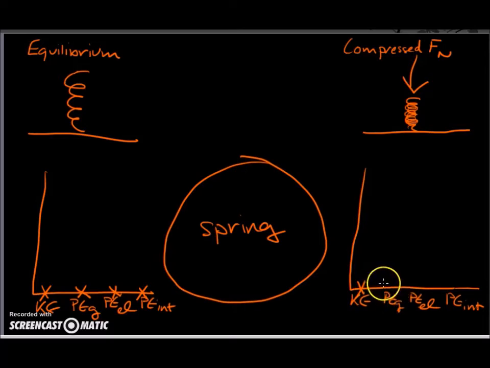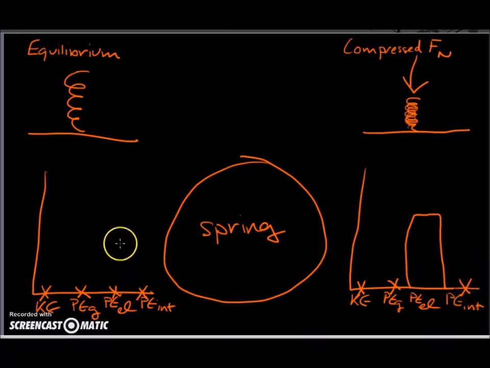We still have no potential energy of gravity because the spring is still on the ground. But we do have some elastic potential energy now because the spring is going to be able to push back and translate into kinetic energy once we release that force normal that is pushing on the spring. And we still have no internal potential energy.